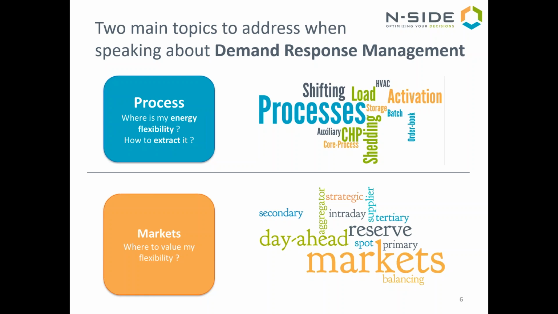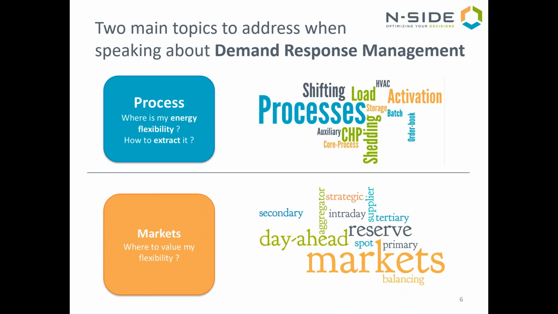So when we speak about demand response management, there are 2 topics to be addressed. The first one is regarding the process, and the question is, where is in fact my flexibility? So it's really a question of identification of the energy flexibilities. Where is it? How to extract it?